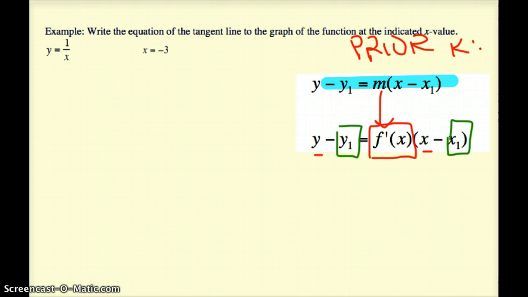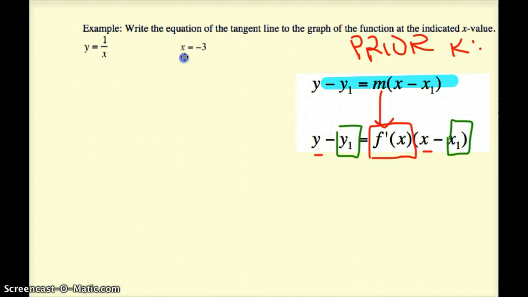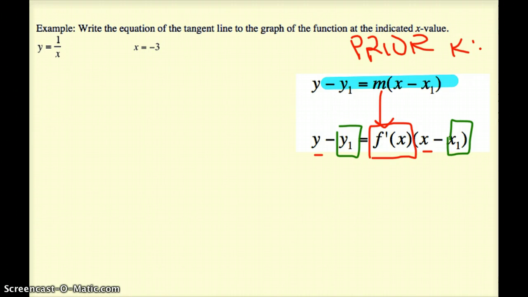So according to our example, it says y is equal to 1 over x and x is equal to negative 3. So right here, they're telling me your x is actually equal to negative 3. So I can easily plug in that negative 3. So let's do this. I'm going to write our equation out.